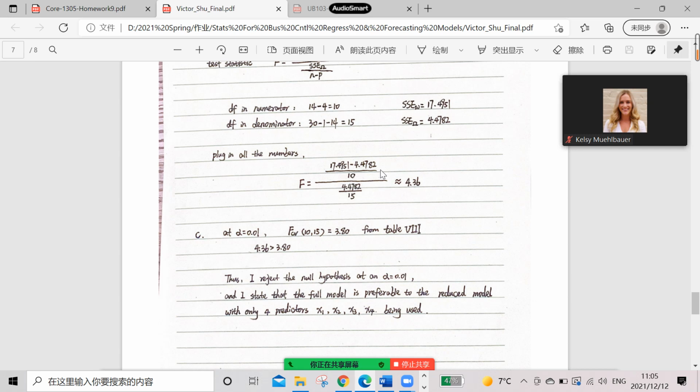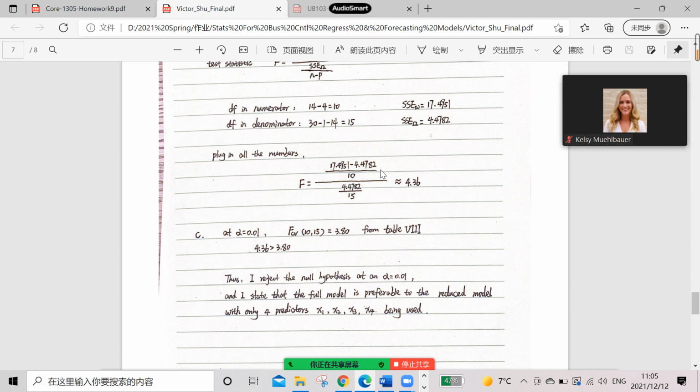That's my null hypothesis: I said 4 predictors are a better model than the 14 predictors. So I conduct an F test, but then I find that my calculated F is higher than the F critical value, and that means I have to reject my null hypothesis, right?